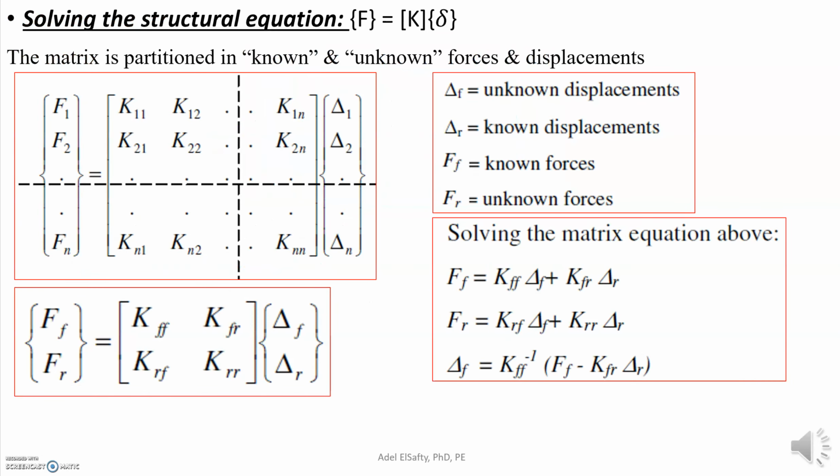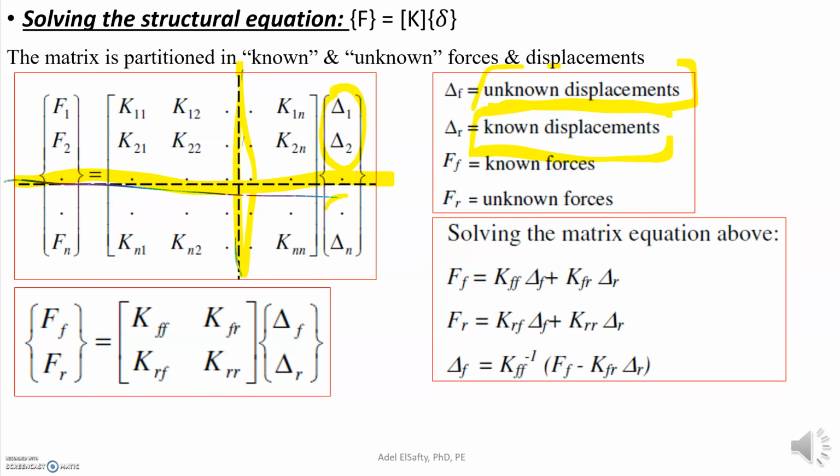The way we do it is we partition this. You see this dotted line right here? This is the partitioning that we're having. And the partitioning is telling you that there are unknown displacements and there are known displacements as well, correct? So let's say that these are the unknown displacements and these are the known displacements.